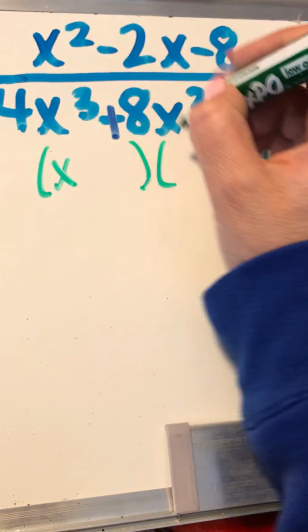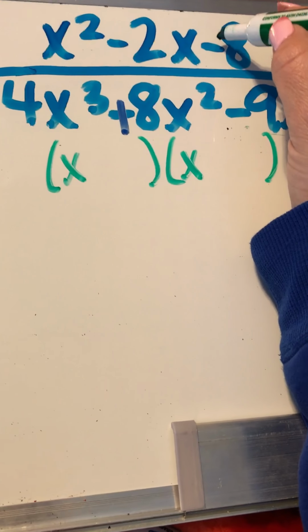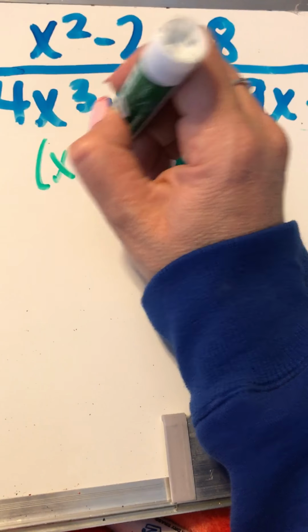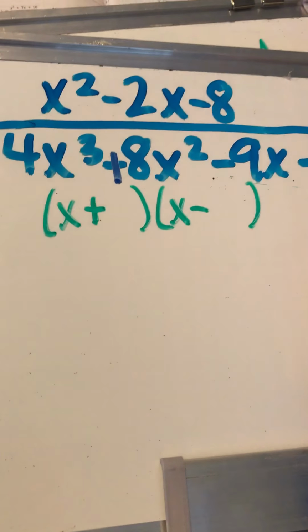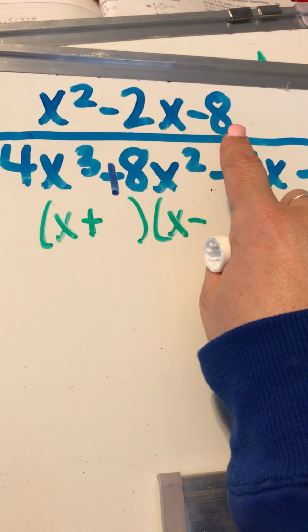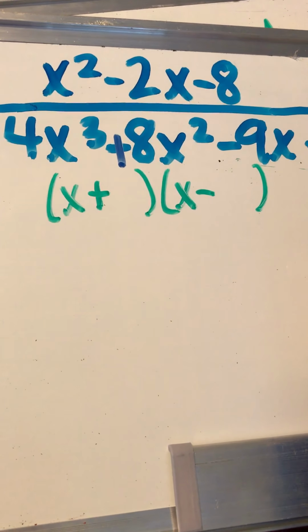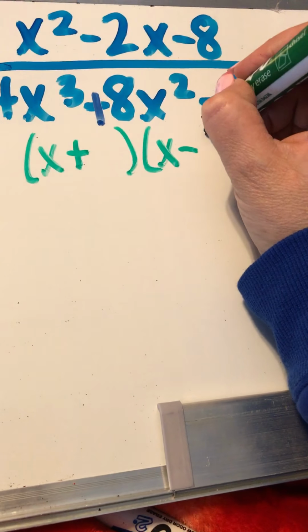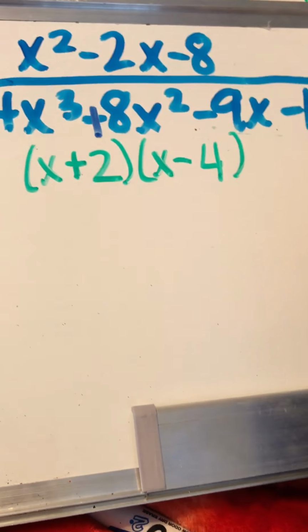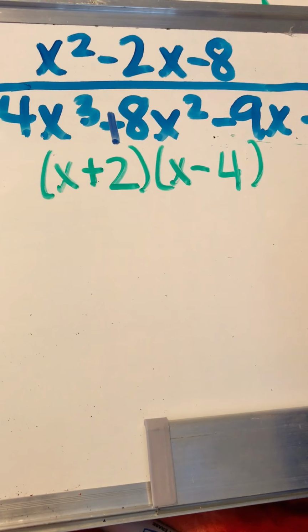We know that we have x and x. C is negative, so we're going to have a positive and a negative. And then factors of 8 that have a sum of -2. Well, I know factors of 8, 4 and 2, if I have a -4 and a +2, that would give me a sum of -2.